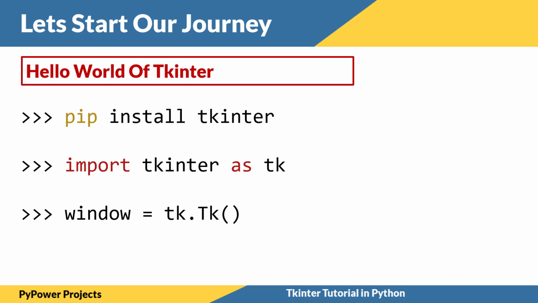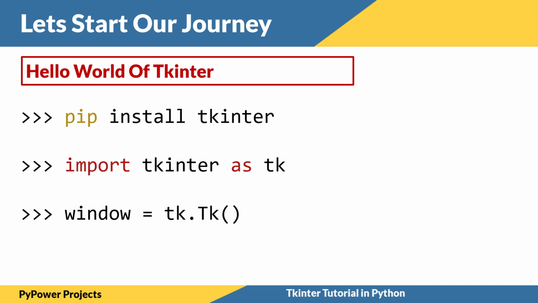If you are working on the Anaconda platform or Anaconda IDE, you need not install this, as it might already be installed. Or you can just go to the Python command line and write pip install tkinter, and it will work. Now that we have installed Tkinter on our machine, we need to import it into our project. When we open our file, we write import tkinter as tk. tk is just a short form so that we can use it further on.